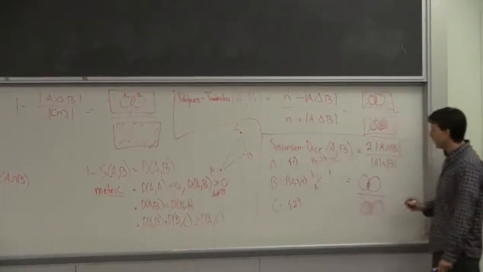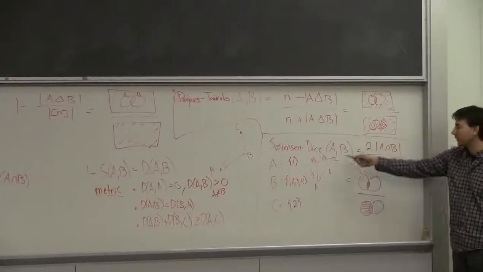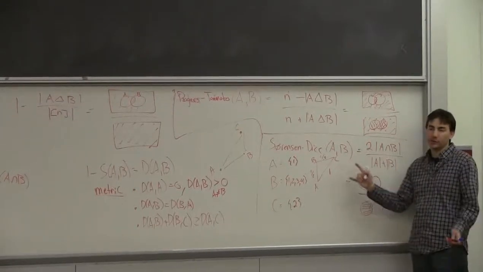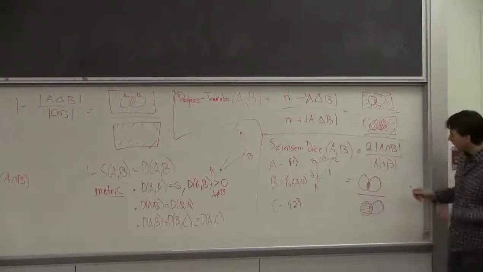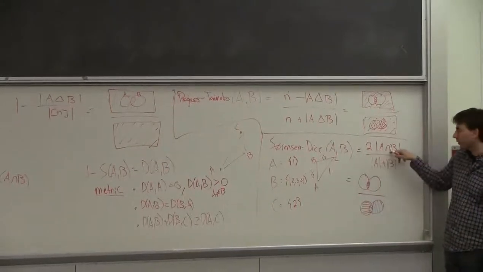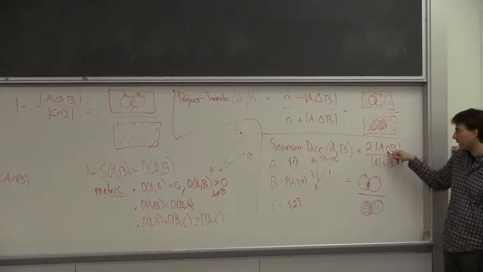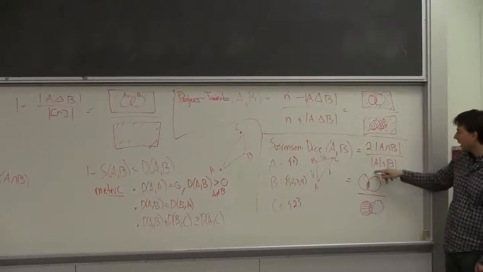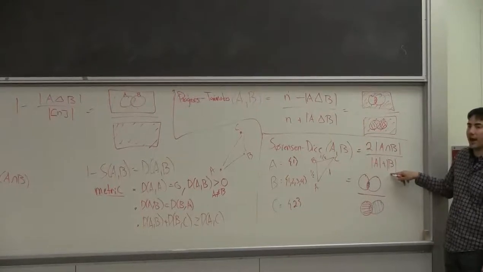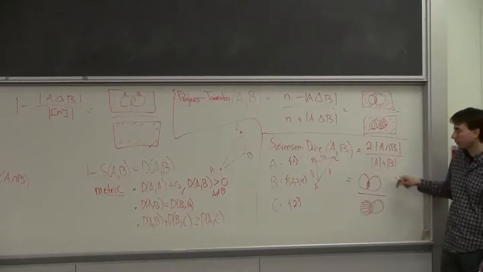Now the distance between A and C is 1, which is as big as possible. We have 2 intersections. So the intersection is 1 times 2. So we get a value 2 up top, and on the bottom we have a sum of 5. So we get 2/5.